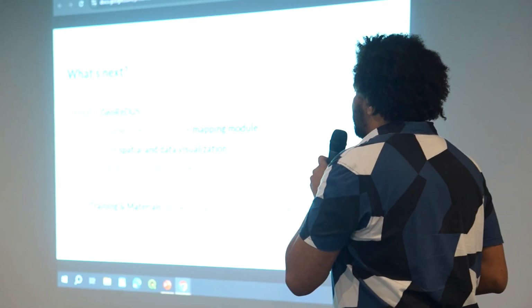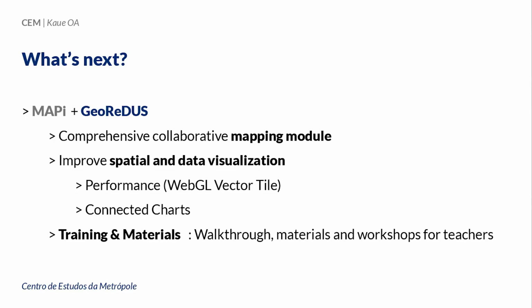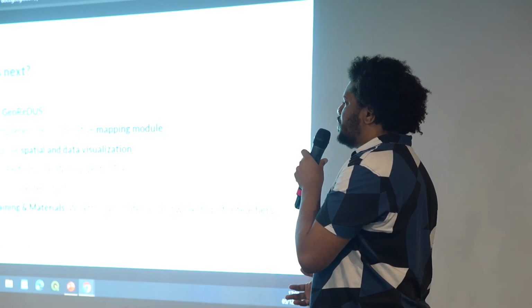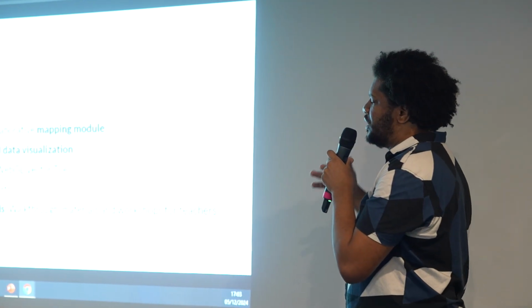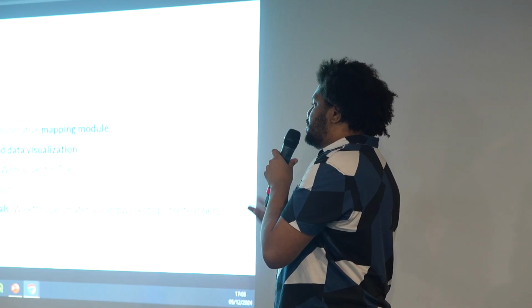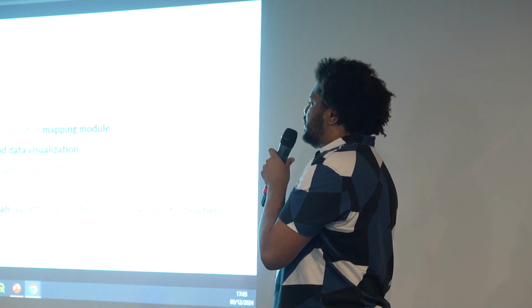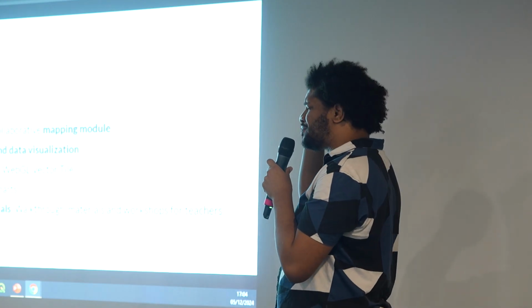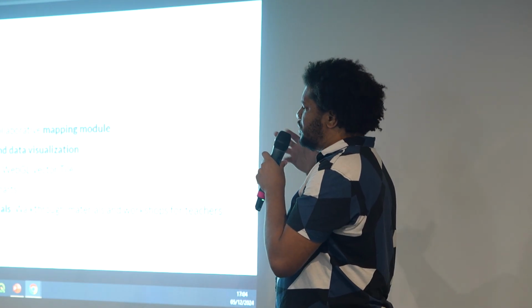So the next steps are to create a comprehensive collaborative mapping module, including many more features, internationalize the data collection, and improve how we can analyze it by providing tools to analyze it. We also want to improve spatial and data visualization, especially for bigger data sets.